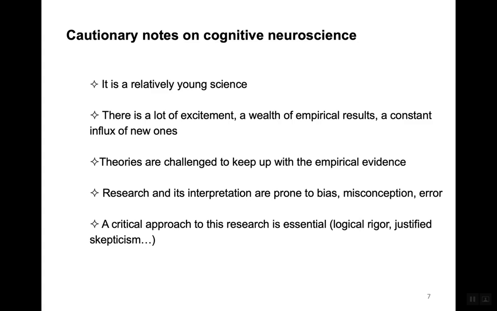Whenever you listen about its results in the media, as when you hear about it in class or even from an expert. And those qualities, logical rigor and justified skepticism, are just as important in a student in an intro class for cognitive neuroscience as they are in a seasoned cognitive neuroscientist.